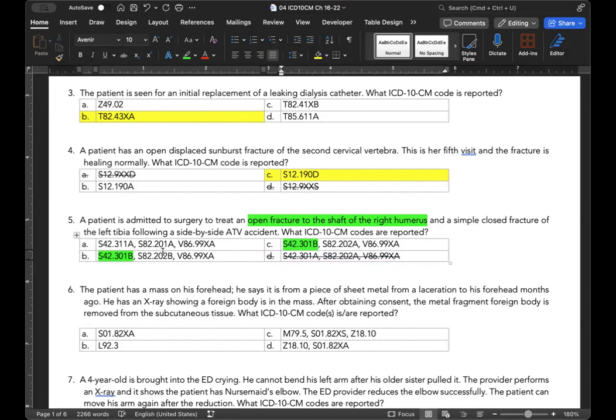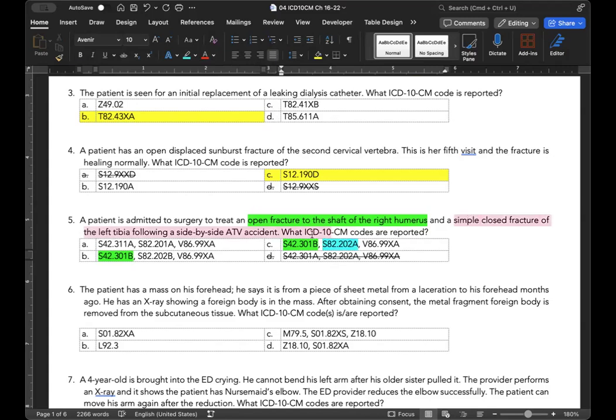S82.202, and that's for the unspecified fracture of the left tibia. So are we going to use 7th character A or 7th character B for our tibia fracture? Yep, we're going to use letter A because this one is a closed fracture.